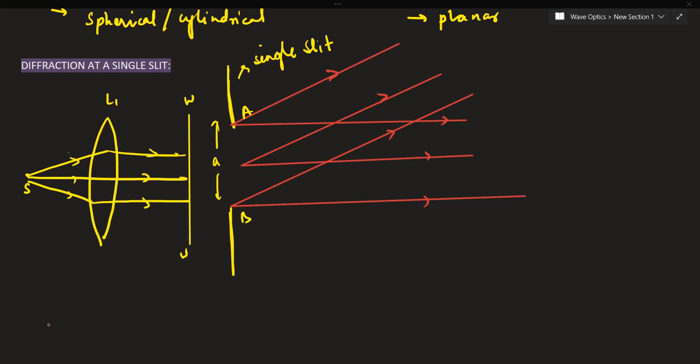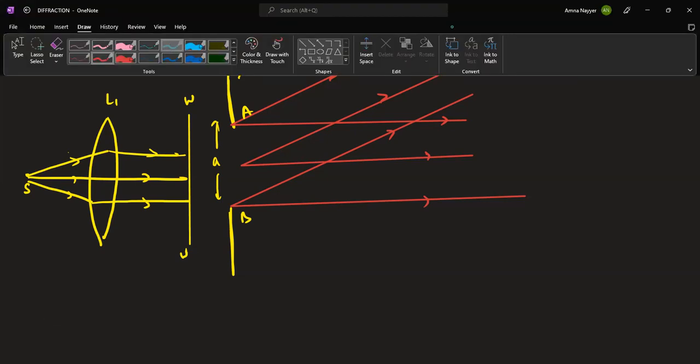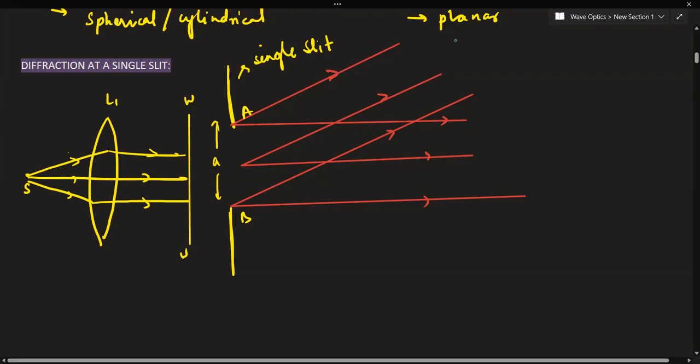Now, in order to obtain it on the screen, because these are various lights, we can take a lens to converge it. What kind of lens should I take? Convex lens.